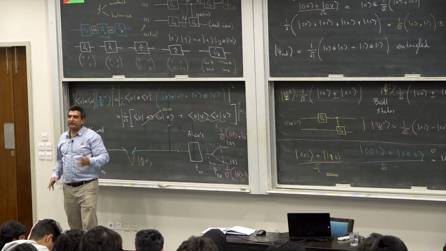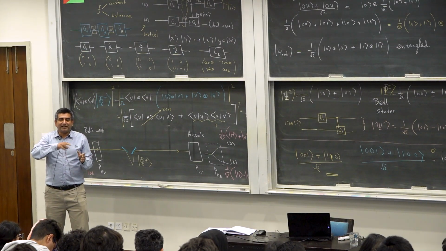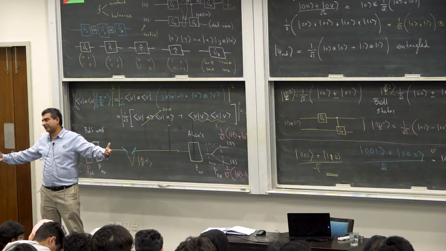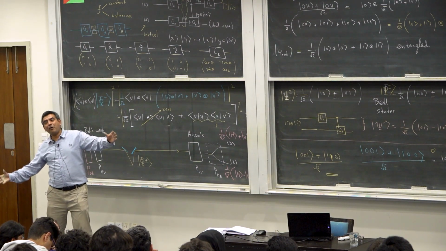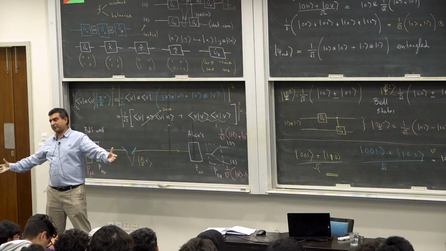The really baffling thing is that if both of them happen to measure in the diagonal anti-diagonal basis, there will still be perfect correlation. No matter from which angle you look at these entangled states, there is still perfect correlation.